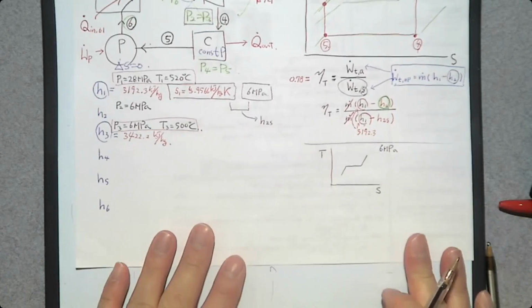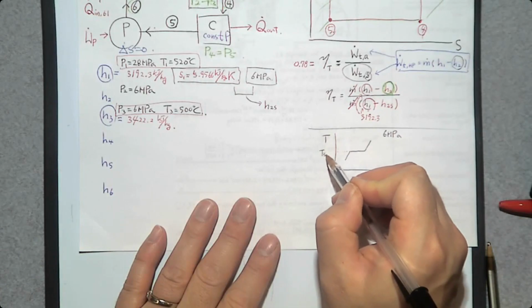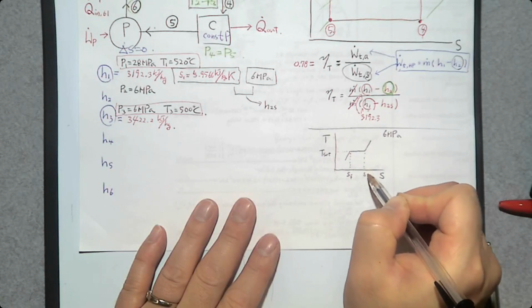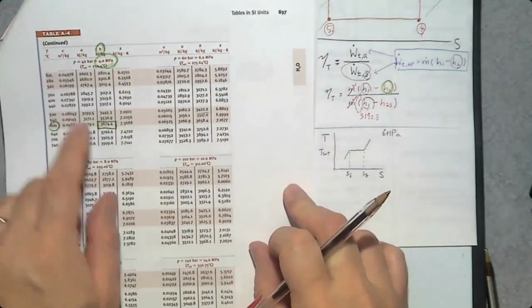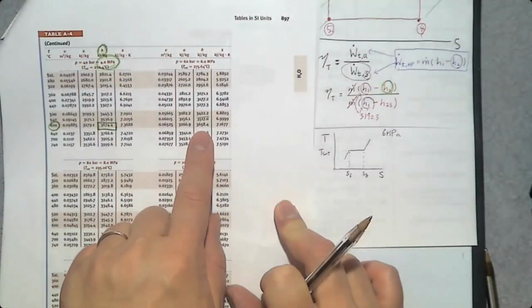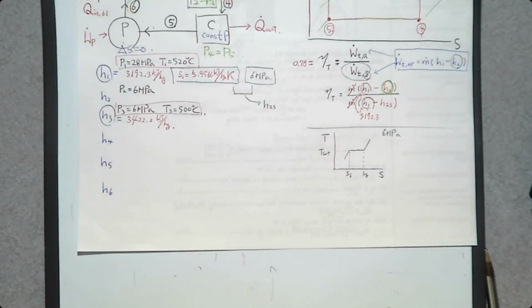We need 3 property values: T sat, SF, and SG. We can find them from 6 megapascal. So let me go find 6 megapascal. It's right here at 6 megapascal. At T sat, I'm sorry, that's a superheated vapor table. 6 megapascal.